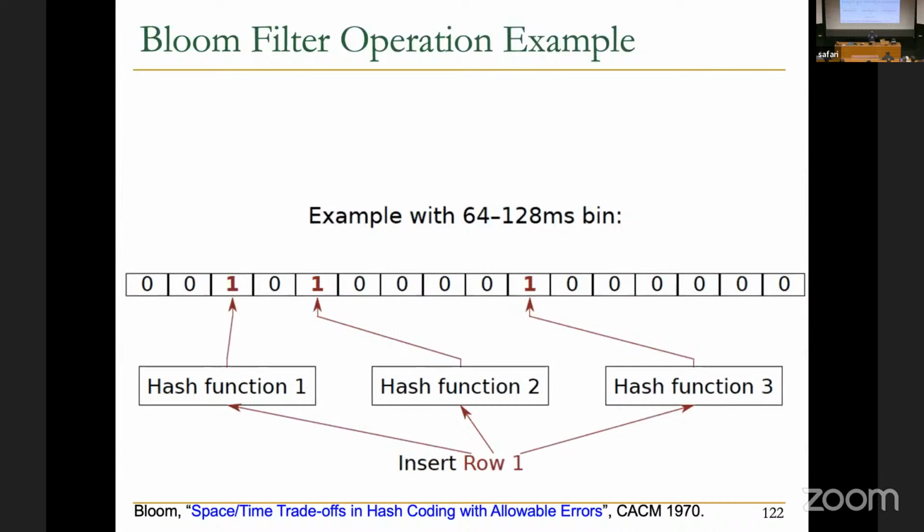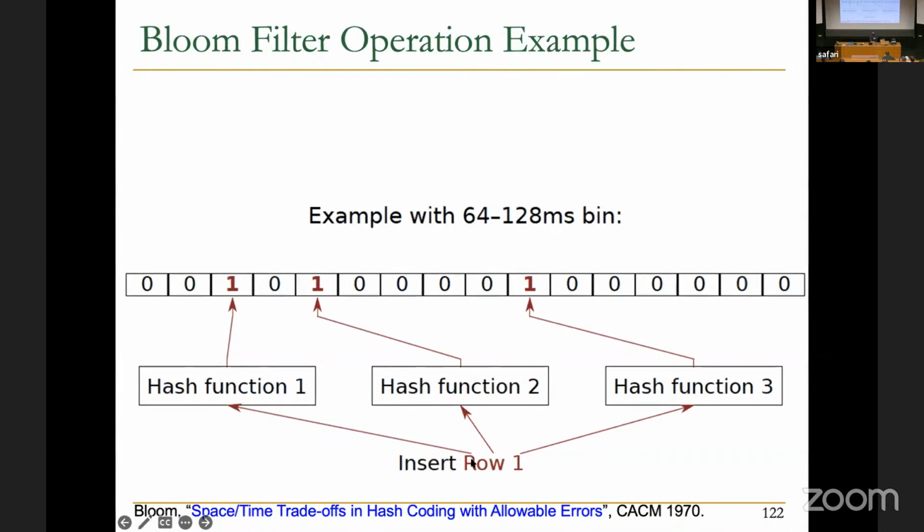So yeah, here's a more pictorial, easier to understand representation of that. Basically, you have a bit array, and you have multiple hash functions, and you want to insert a row ID into the set that corresponds to the bin of rows that needs to be refreshed every 64 or 128 milliseconds.